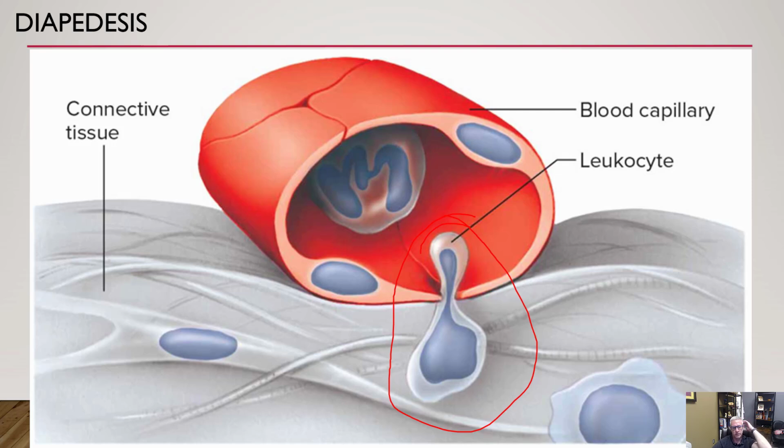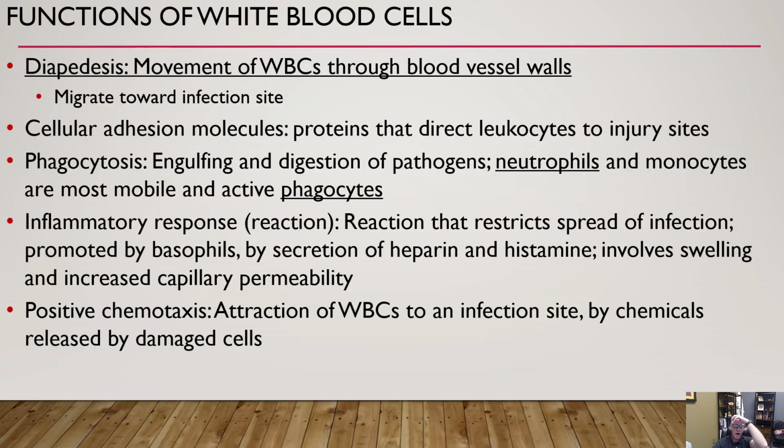So when the leukocyte from a blood capillary enters the tissue space, that is diapedesis. We have these cellular adhesion molecules, or proteins, that direct leukocytes to injury sites. White blood cells can be phagocytes, where they engulf and digest pathogens. Remember that neutrophils and monocytes are very mobile, and they do phagocytosis, or that they are phagocytes.